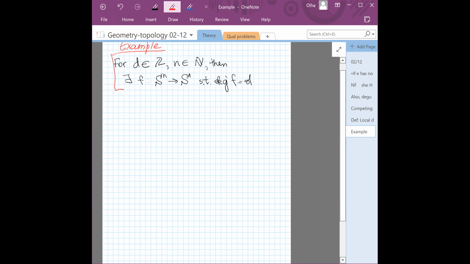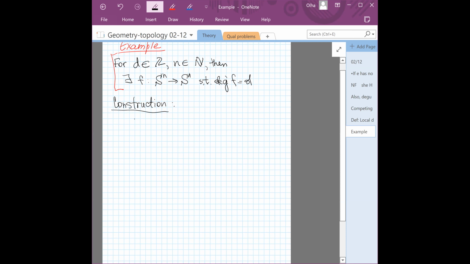Actually, I liked this construction so much because I remember struggling last quarter to do this even for S2, and this is so much nicer than what I did. So let's do the construction. We're going to define two maps and then take f to be the composition of those two maps.